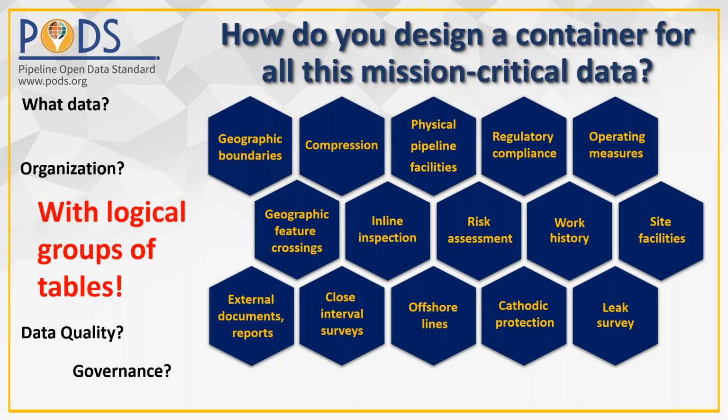And then you've got some other decisions that you're going to need to make. We know we need to have the logically related tables, but now if you're thinking about for the first time implementing PODS or any data model for that matter, you've got to make some decisions about what data should be stored, how should the tables be organized, what kinds of information is needed from this data, how do we ask questions of it, and how should we create relationships between the various tables and then govern them to make sure that they're correct and that they're long-standing.